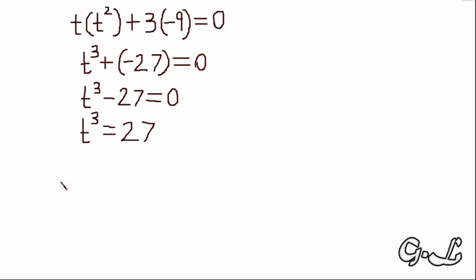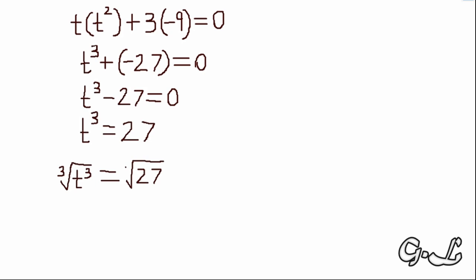After you have done that, we are going to make t the subject. How are we going to make t the subject? We are going to take the cube root on both sides of the equation. So on the left hand side, we're simply going to have t after you do the simplification.